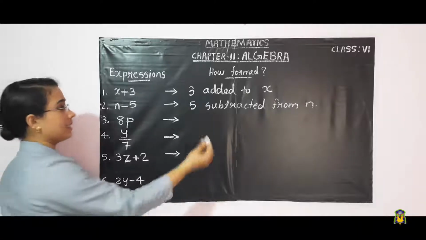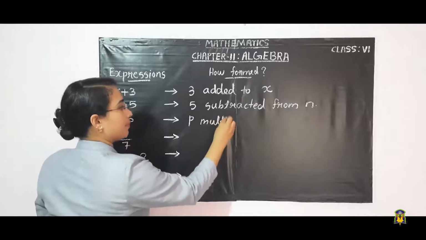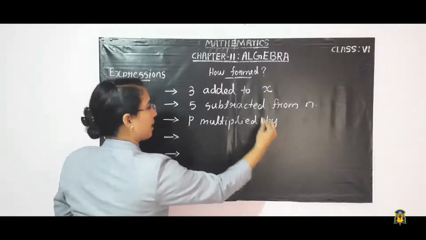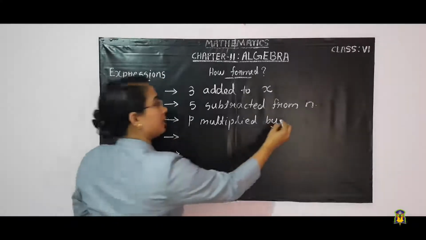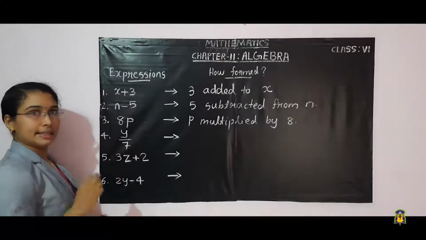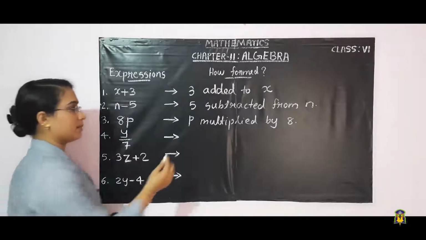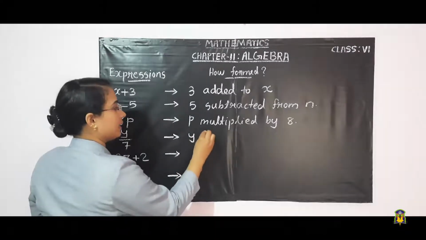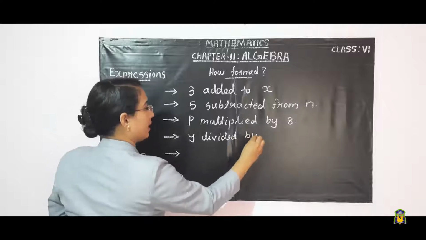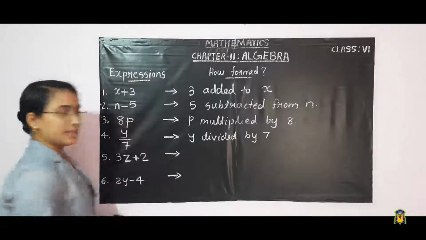Then we can write p multiplied by 8. P multiplied by 8. Okay, then fourth one, that is division, y divided by 7. So simply we can write y divided by which number? 7. So y divided by 7.